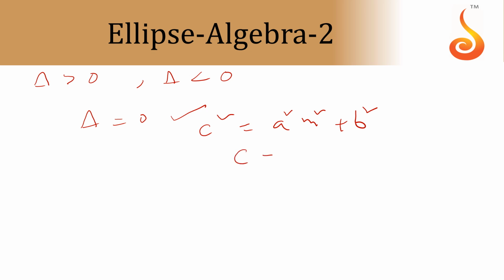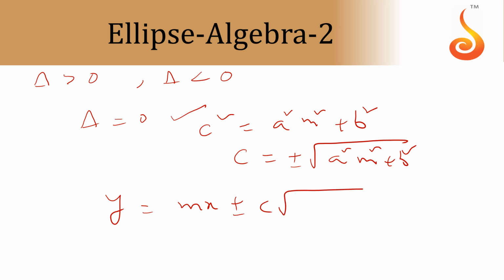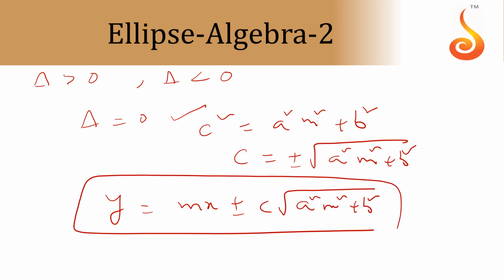Then what will be the c value? Plus or minus root over a square m square plus b square. So can I say y equal to mx plus or minus root of a square m square plus b square will be the infinite tangents for the ellipse.